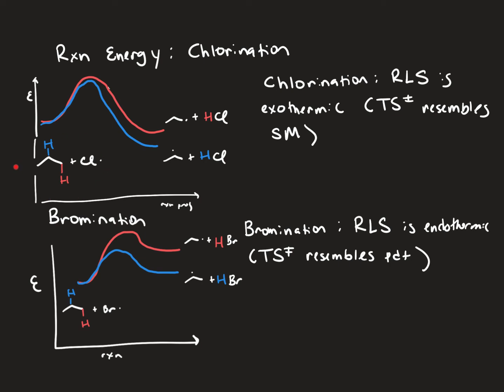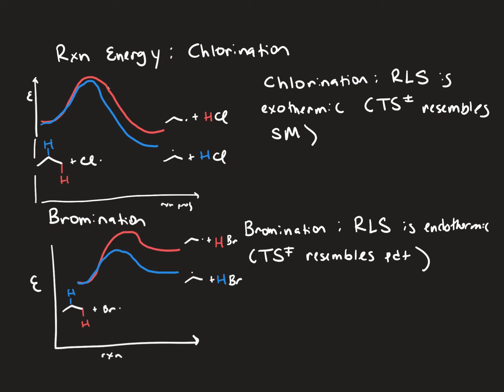And the starting material is not different whether you're going to the primary radical or the secondary radical. So we see very little difference in energy for the transition states. The two products have different energies, but the ratio of the products is coming from the energy of the transition states.